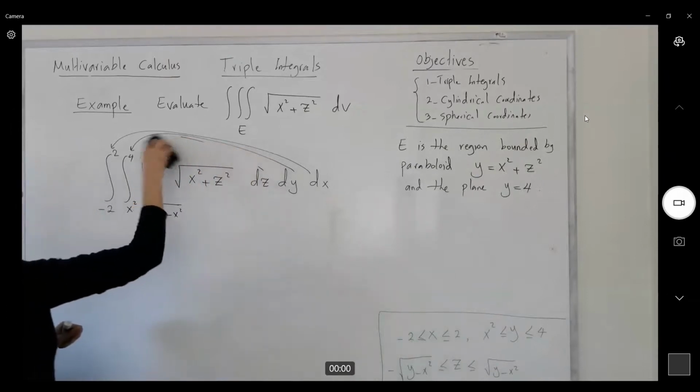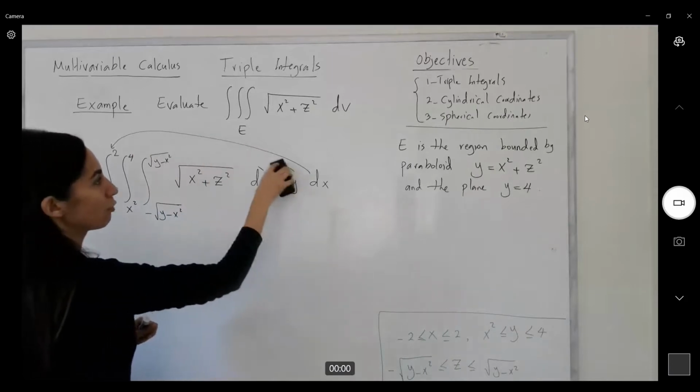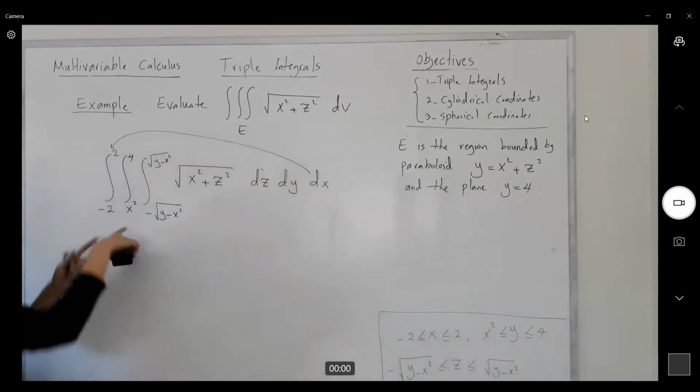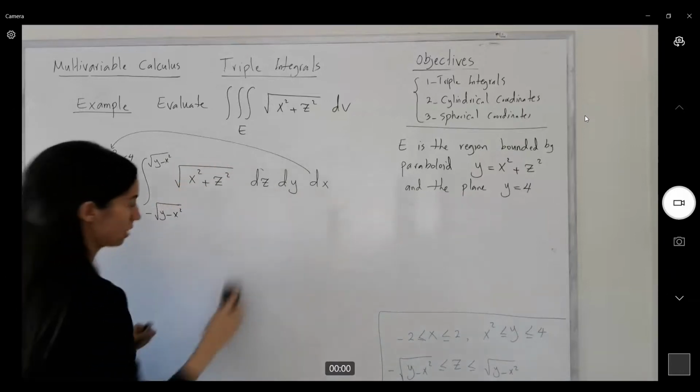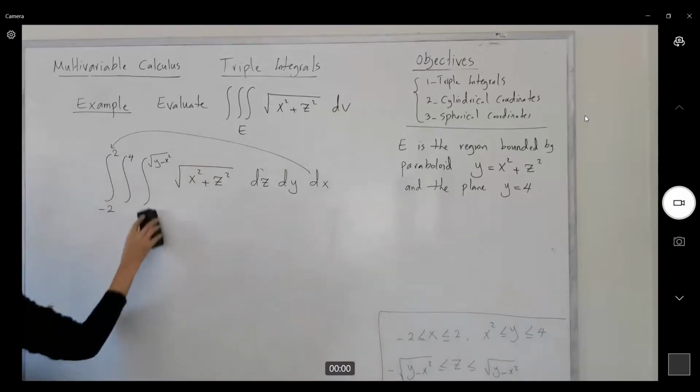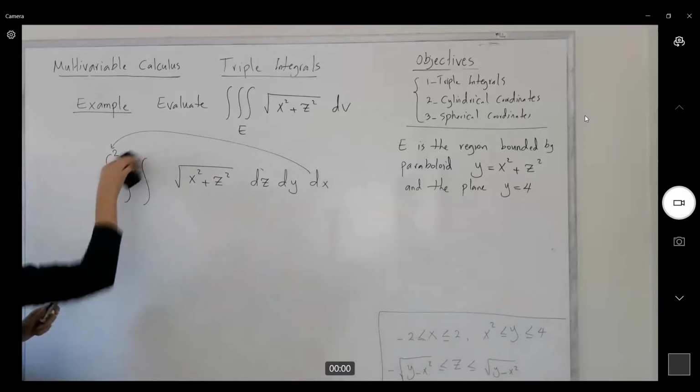I'm going to keep my x and change the boundaries for the inner and the middle integral. So you have to keep your function. Now the boundaries are changing. How do we change the boundaries?